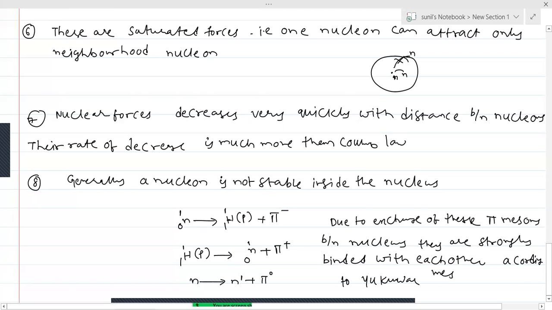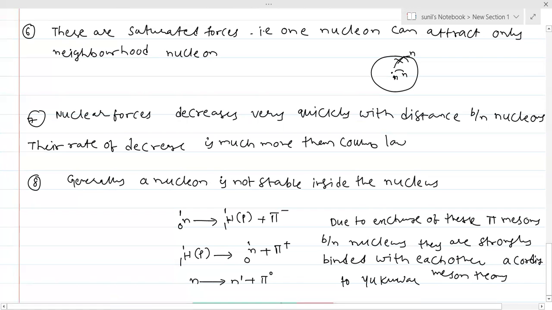This is a theory developed to understand the secret of nuclear forces.